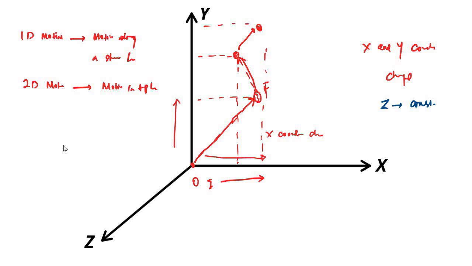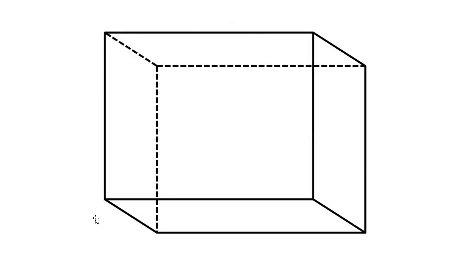And in three-dimensional motion, what happens is that motion happens with the change in all three coordinates, x, y and z, okay. So in order to visualize this, let's say this is the initial point, this is x, this is y, and this is z.